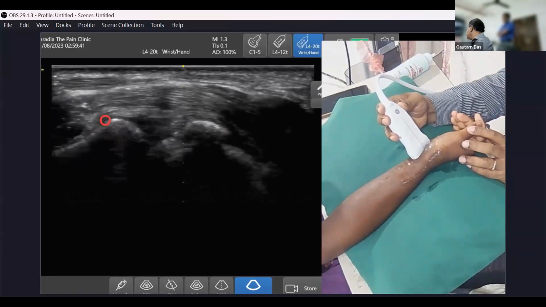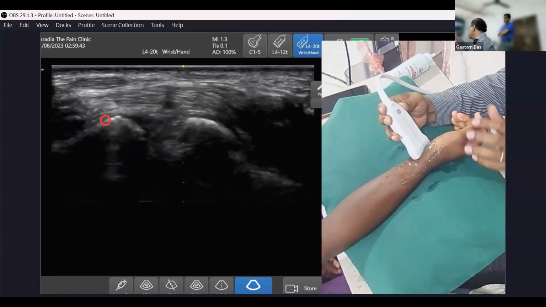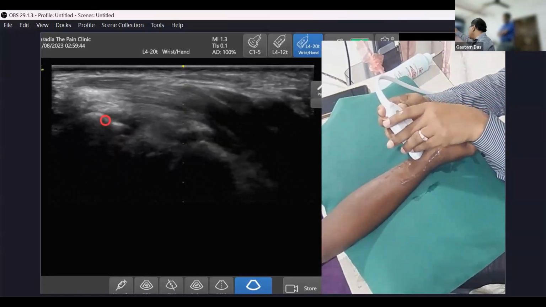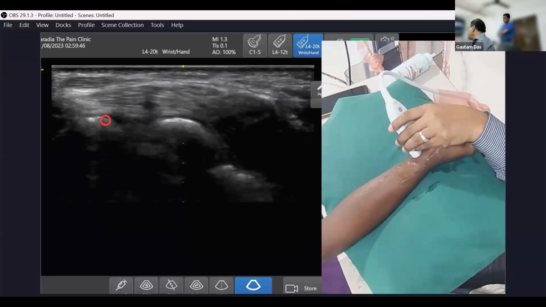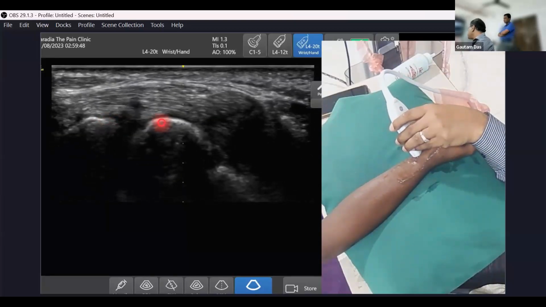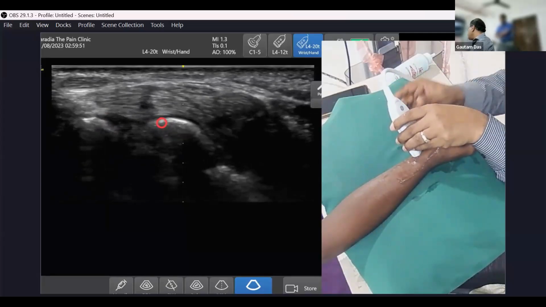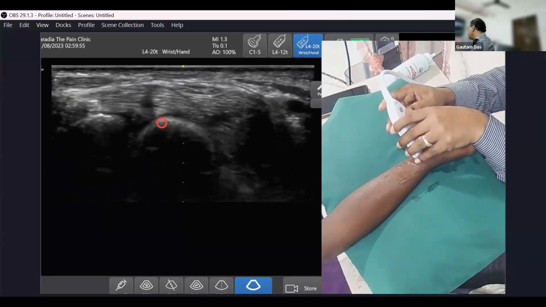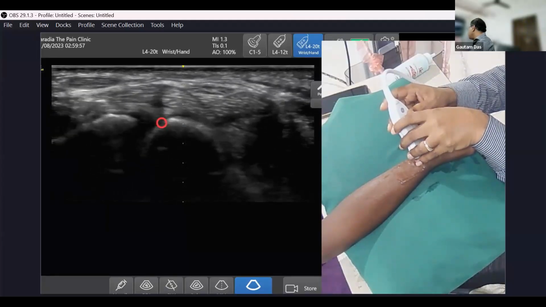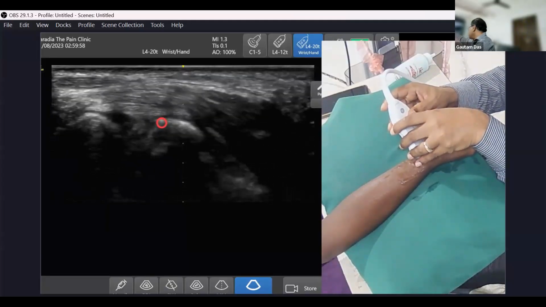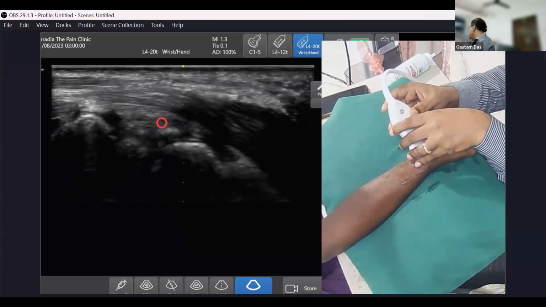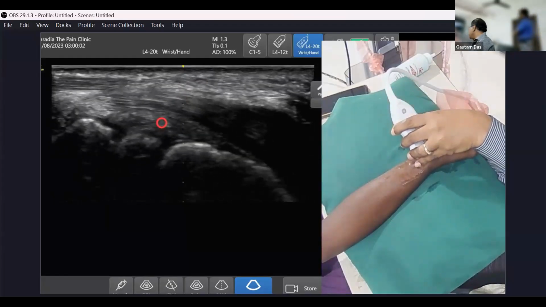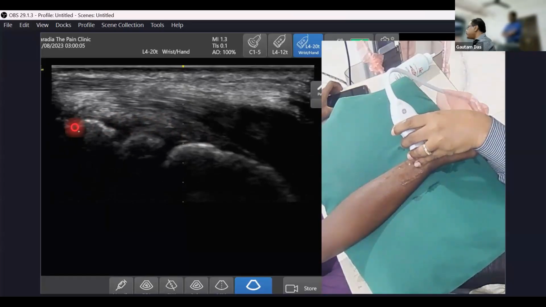Now this ligament is your long radiolunate ligament. Now I'm fixing the proximal part on the radius and sliding the distal part more laterally, and now the capitate bone will appear. So now this is the scaphoid, and this ligament is your radioscaphocapitate ligament.